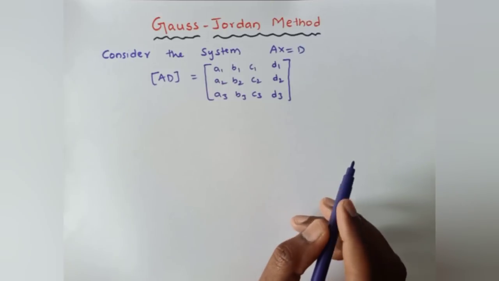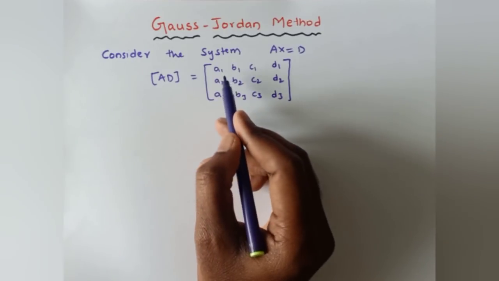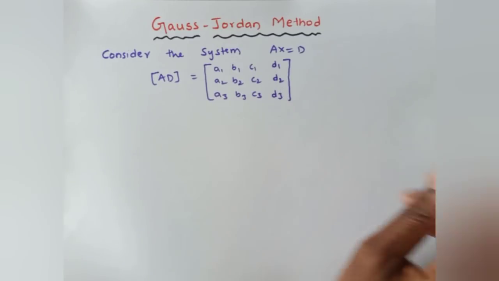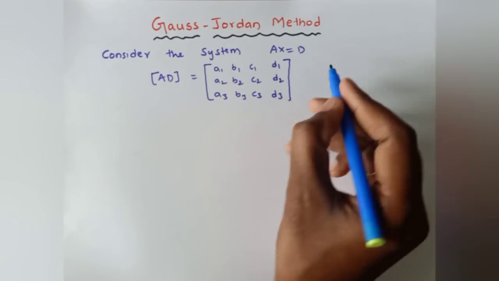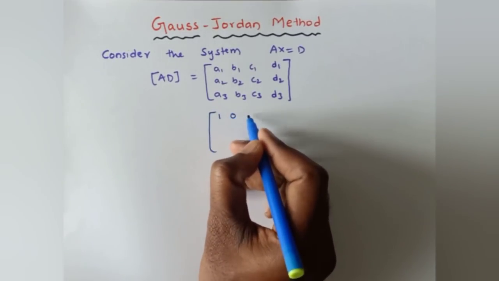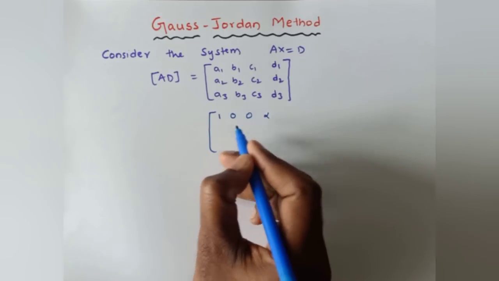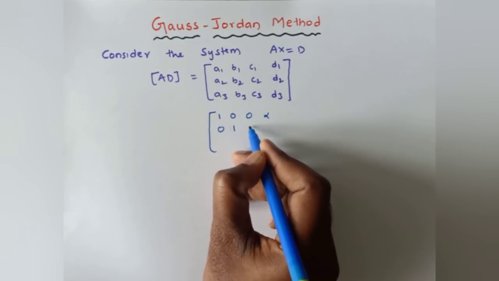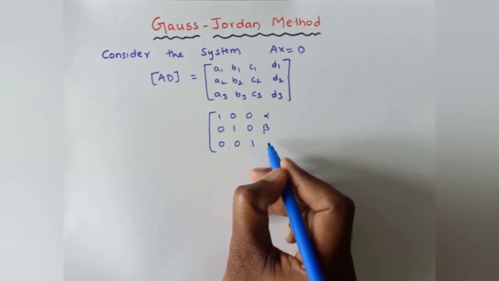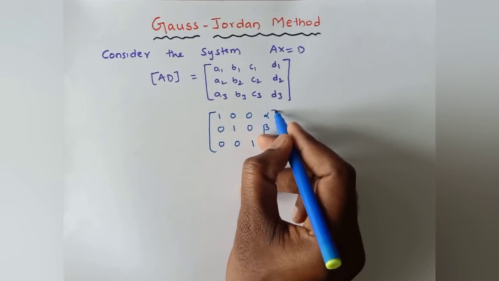In this method we try to transform this augmented matrix to the form 1 0 0 some alpha, 0 1 0 beta, 0 0 1 some gamma.